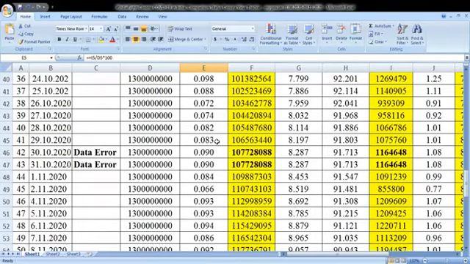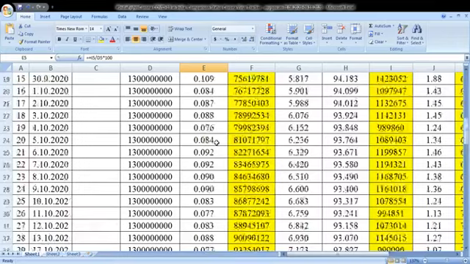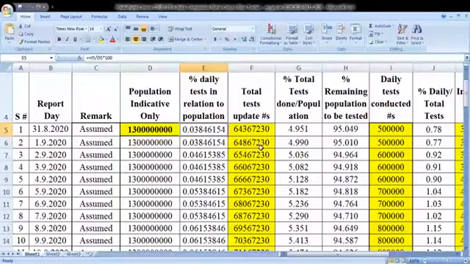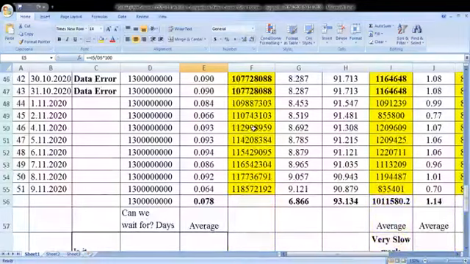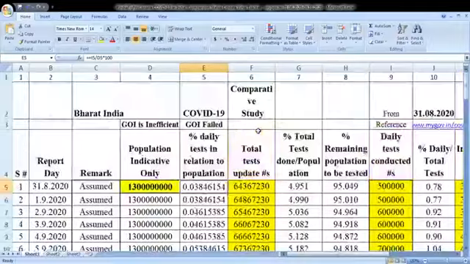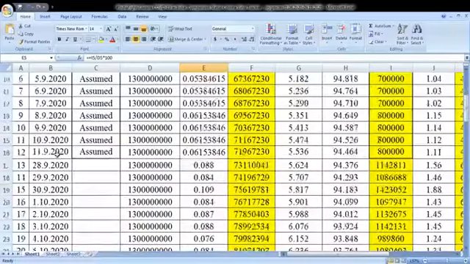So this is the actual complete variation. Now the total tests update is from the website, so I have nothing to do with it. I just collected the information, right or wrong, from this website. I did not make any formula on that, because there's no need. I don't have continuous states here, so a formula won't work.